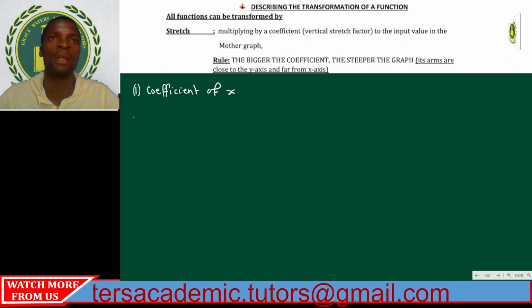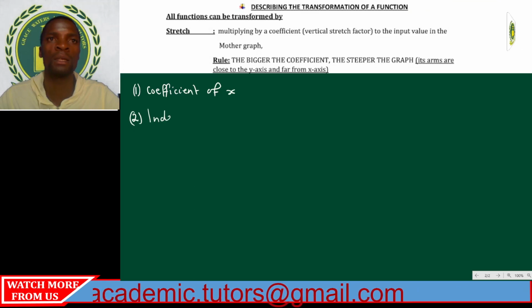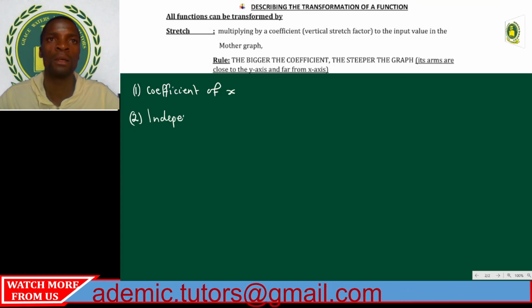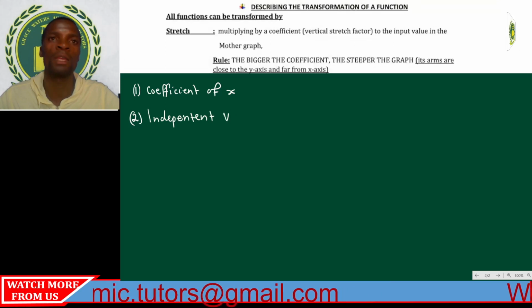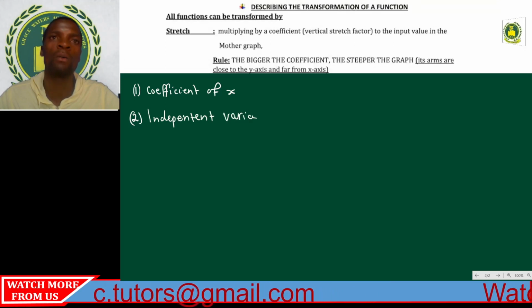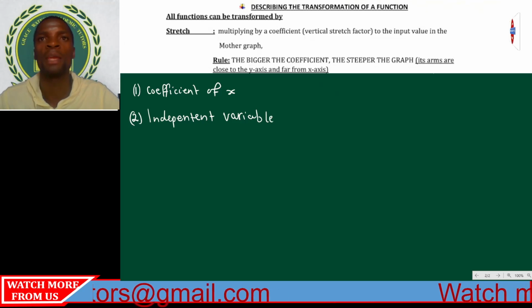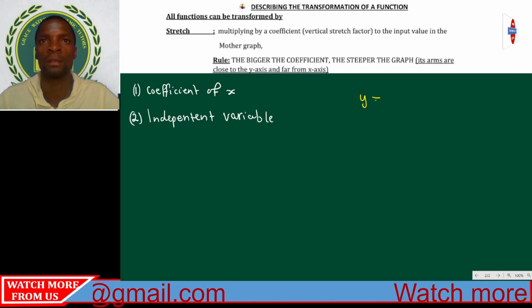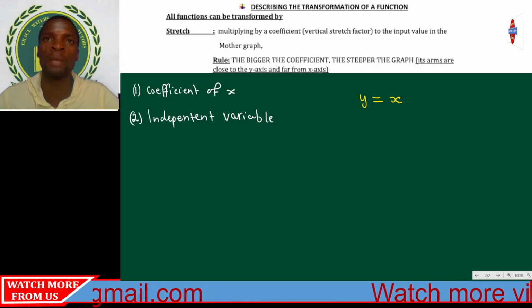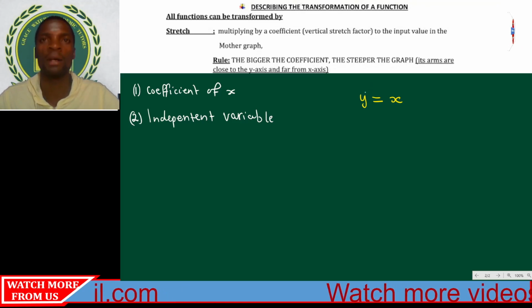And then number two, what you call the independent variable. Okay, so what are they? Let us consider this example. We had the function y equals x, and then we agreed that this is the mother function of what you call a linear function.